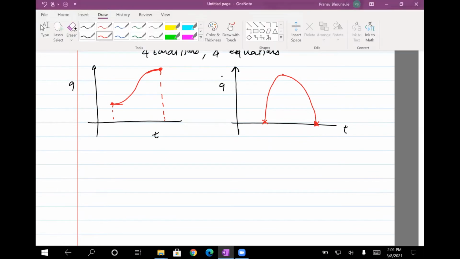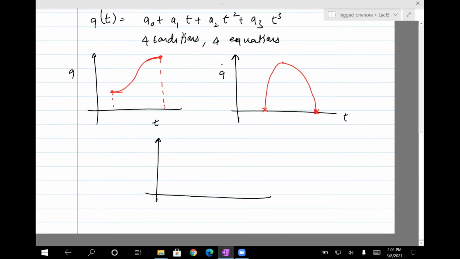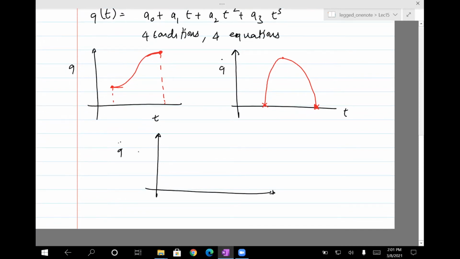However, if you draw a plot of q double dot versus t, then you'll see that at 0, the acceleration is non-zero. Somewhere it becomes 0 midway, and then it goes negative. So it goes something like this.